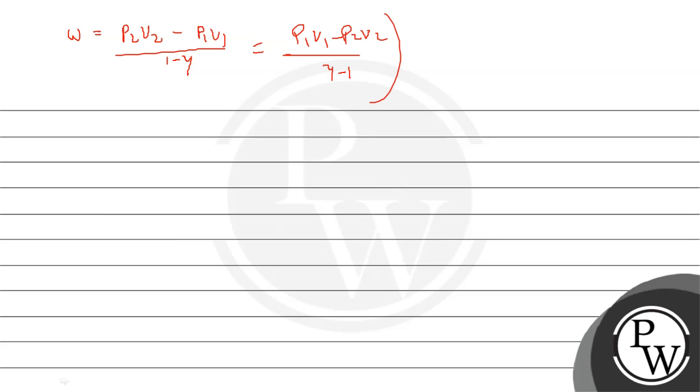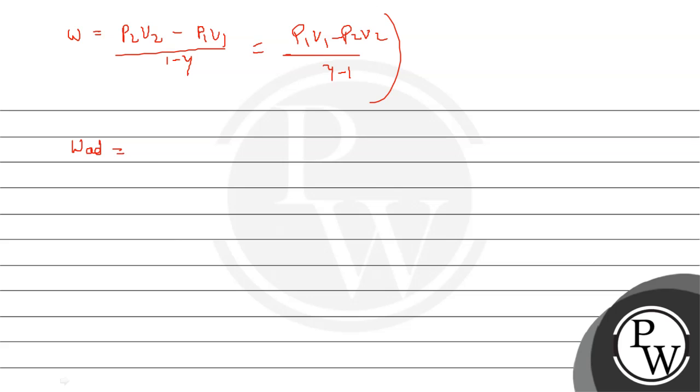And after this we have W equals P2 V2 minus P1 V1 upon 1 minus gamma, which gives us P1 V1 minus P2 V2 upon gamma minus 1.